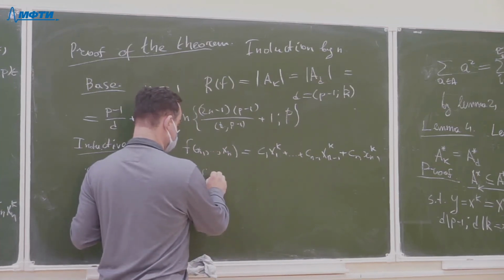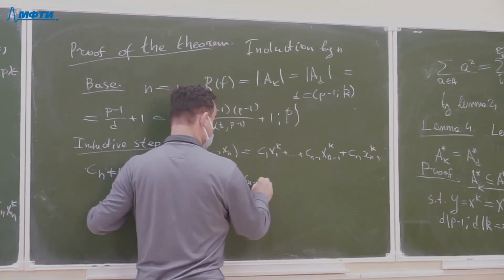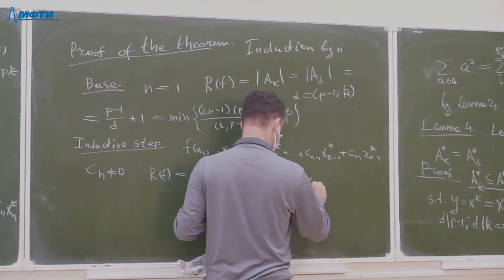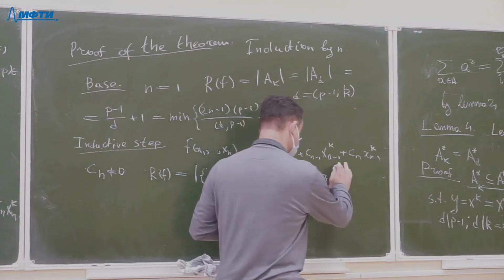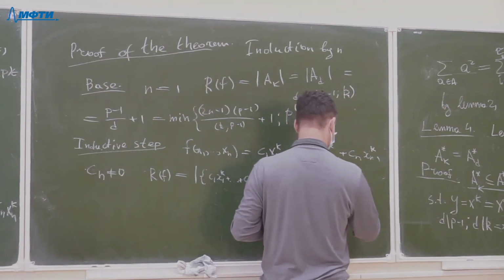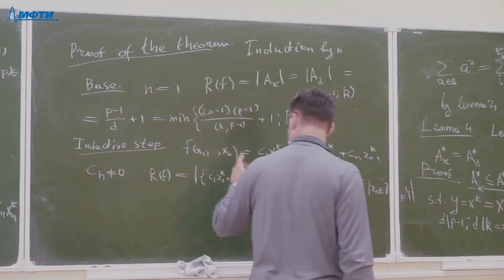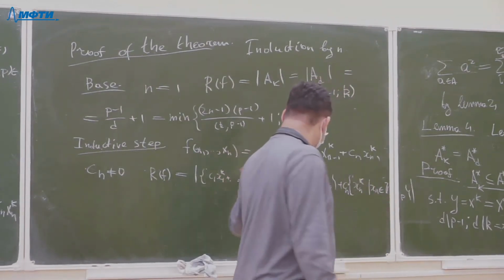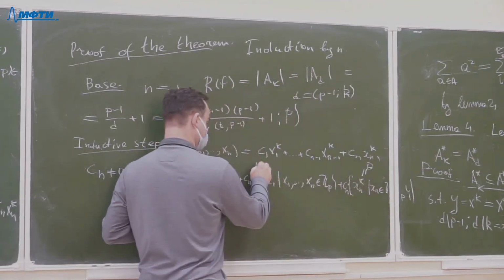The first set is c1 x1 to the k plus and so on plus c_(n minus 1) x_(n minus 1) to the k, whenever x1 to x_(n minus 1) go from Z_p, plus the set cn xn to the k, whenever xn goes from Z_p. It's the size of this sum set, right? Let's denote this B, and this is A.